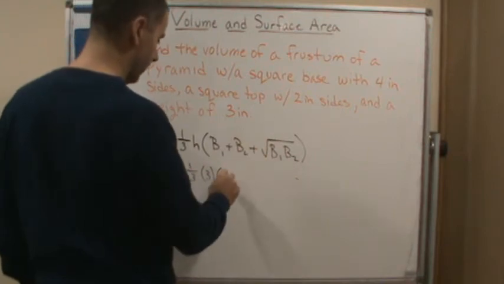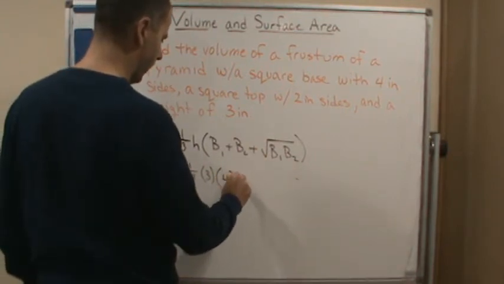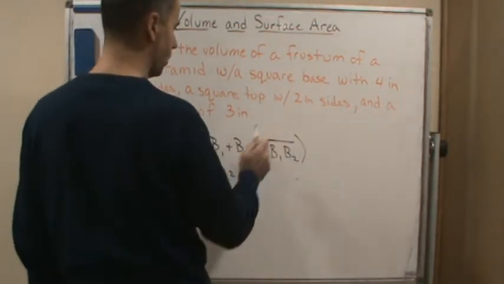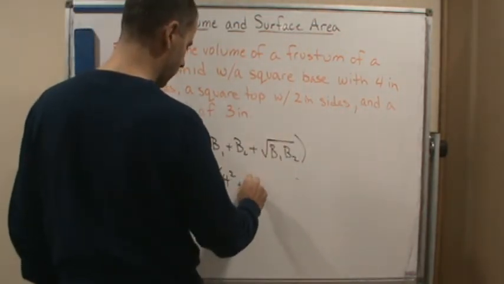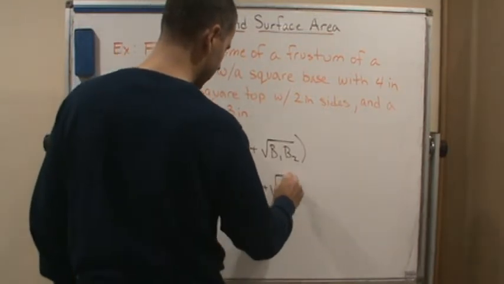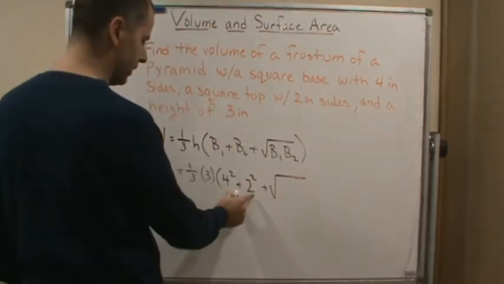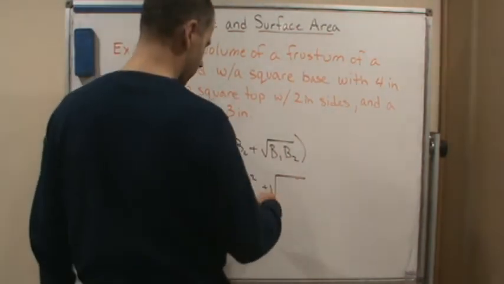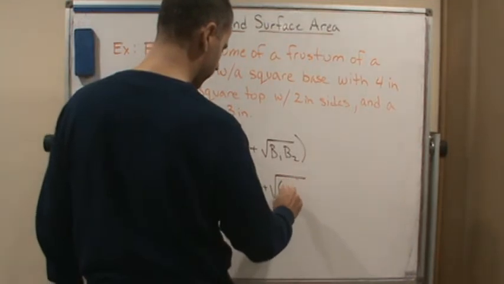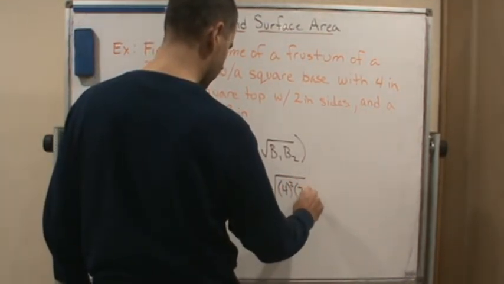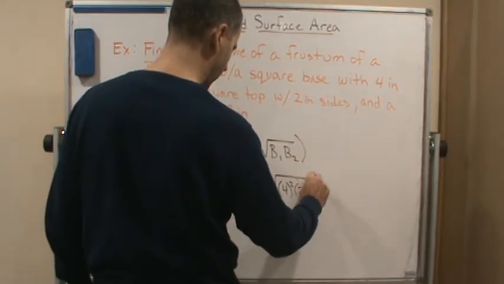S squared is going to be 4 squared, and then the area of the top base, which is 2 inches on a side, is going to be an area of 2 squared plus now the square root, and we're going to take the product of those two areas. Okay, so it's going to be the square root of 4 squared times 2 squared.